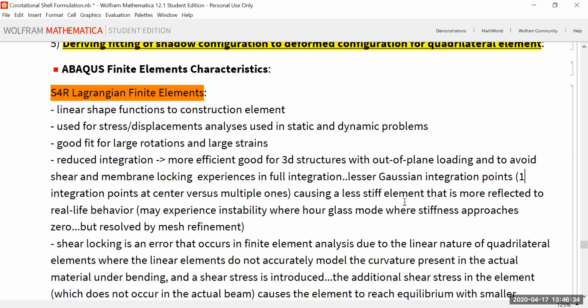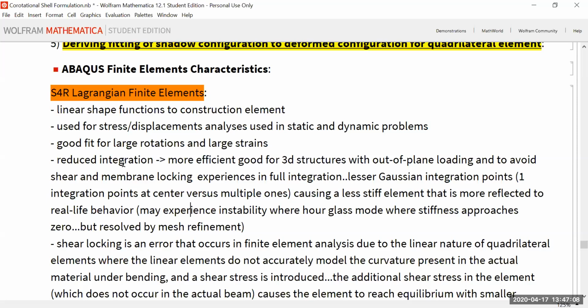So instead of using multiple ones, you're just integrating at one point, at the center of your element. This causes a less stiff element, and in a way this better reflects how real life structures behave, because you're not going to have the full stiffness that you've derived in the equations.